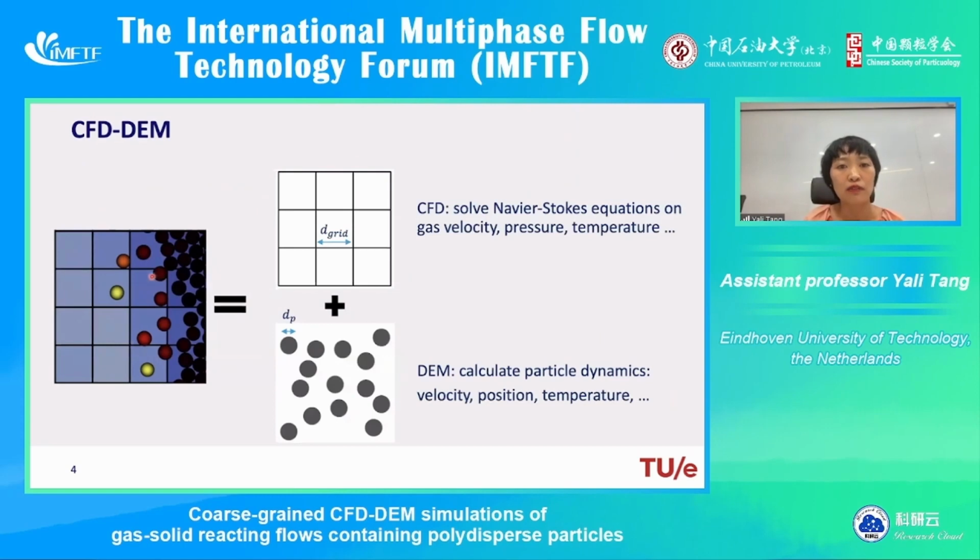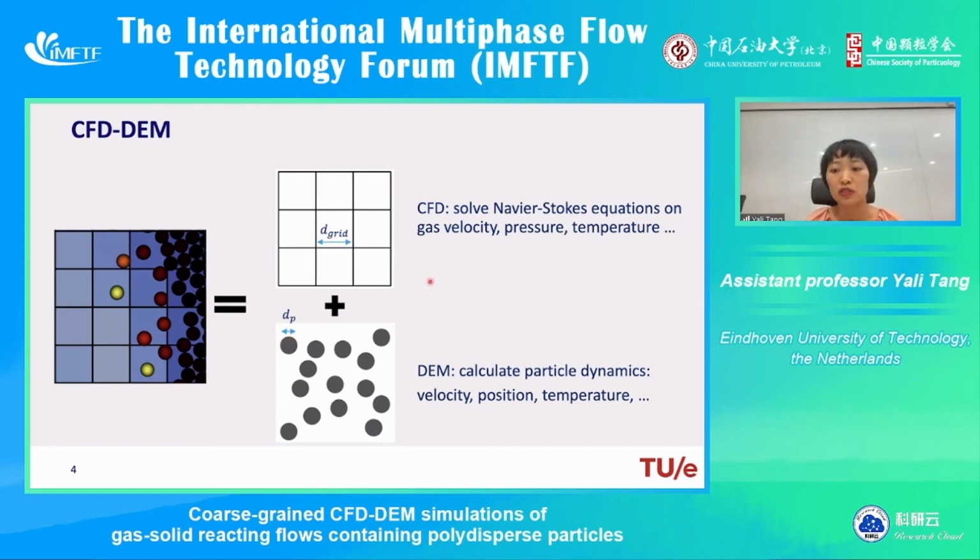In this model, it involves the CFD grid, which is used to solve the Navier-Stokes equations of the gas phase. So in that sense, we can keep track of gas velocity, pressure, temperature, etc. And each particle is tracked individually in a Lagrangian fashion, meaning that the motion of particles is solved, to update the velocity and position of the particles every time step.